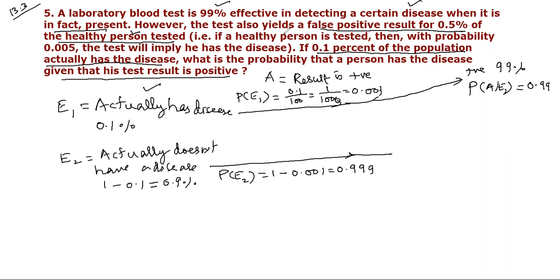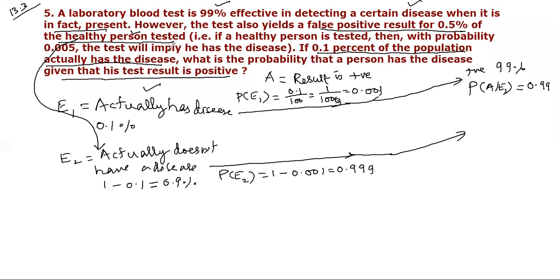And the test yields a false positive result for 0.5% of healthy persons. If a healthy person is tested, the probability the test will imply he has the disease is 0.5%. Healthy person means they actually do not have the disease.